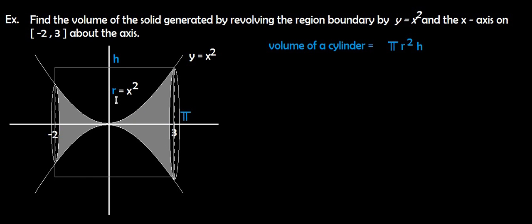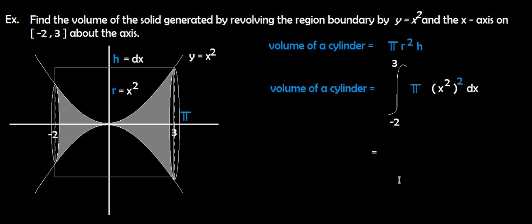So we can write r equals x square, and the h is ranging from -2 up till 3, so we can write it as dx, or we can read it out as height is deviating in the range of x from -2 up till 3. So you can copy the whole formula like this, and now you can replace the value of r with x square and h with dx.